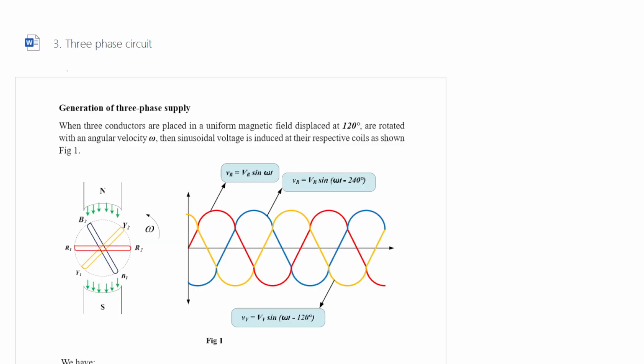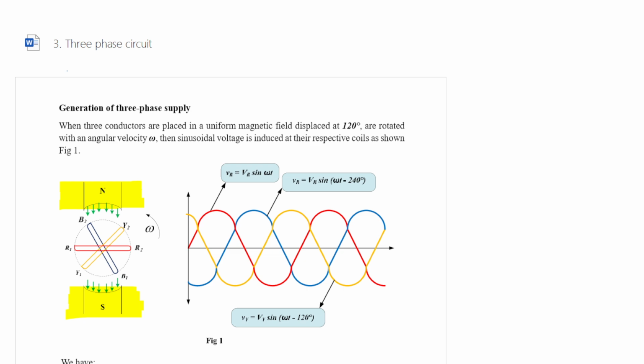So if you consider this diagram, this is the north pole and this is the south pole, and we have three conductors.